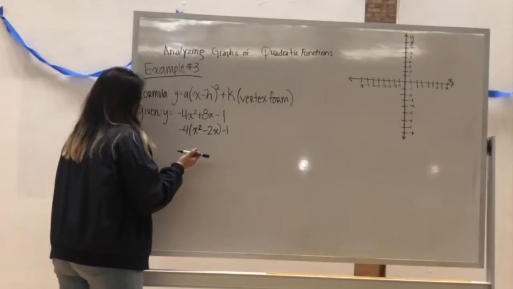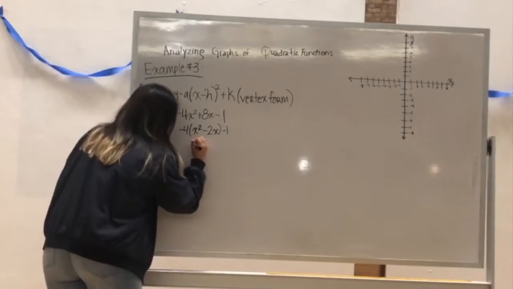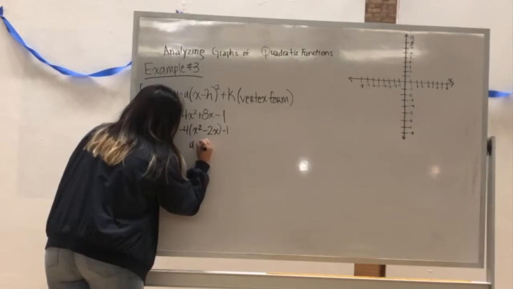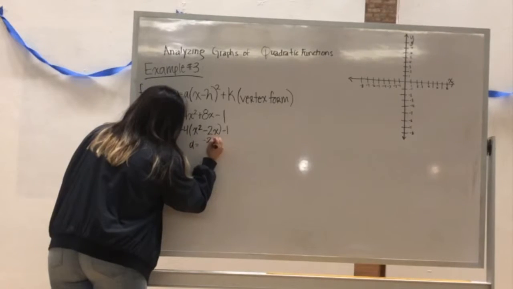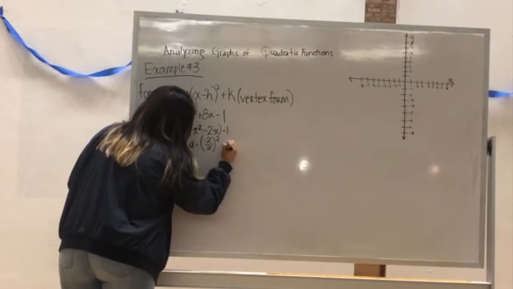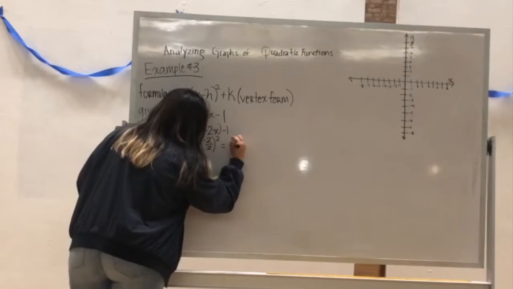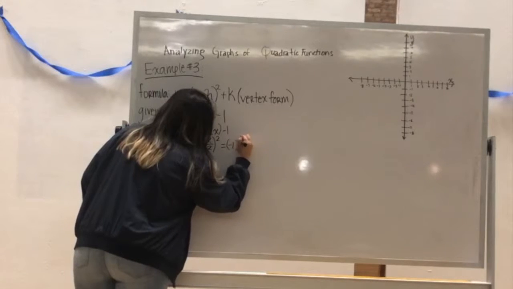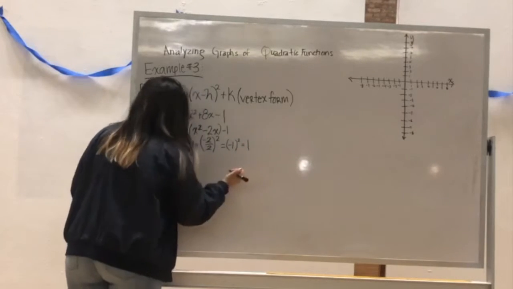Then we have to complete the square. To do that, we divide negative 2 by 2 and then square it. This equals negative 1 squared, or 1.